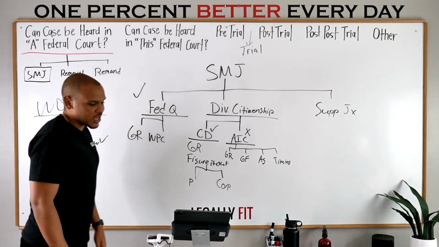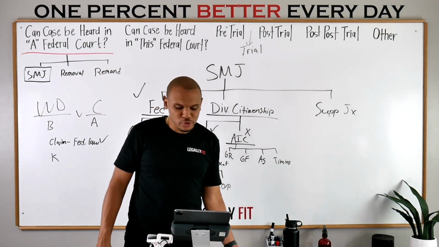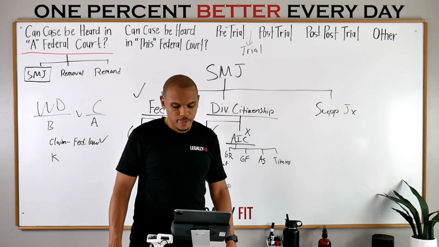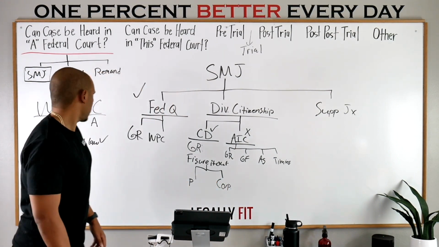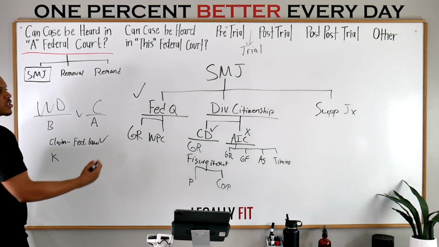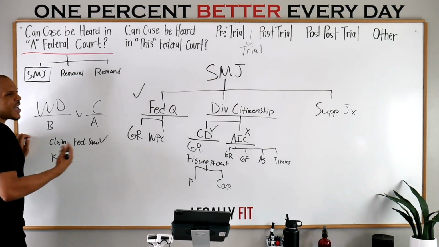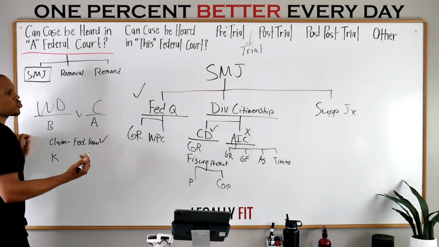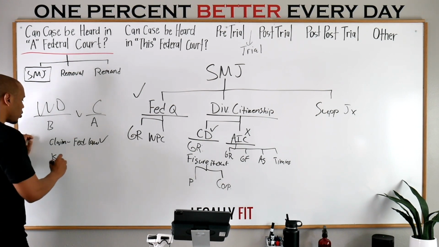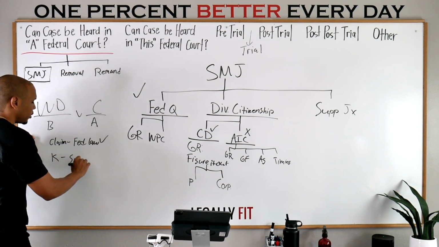Exactly. And do you think this is going to arise out of the same transaction or occurrence? Yeah, because it has to both do with the employment. Exactly. So this is close enough for supplemental jurisdiction. Here, you're not even adding a new party for it to destroy diversity. So everything is met for supplemental jurisdiction.